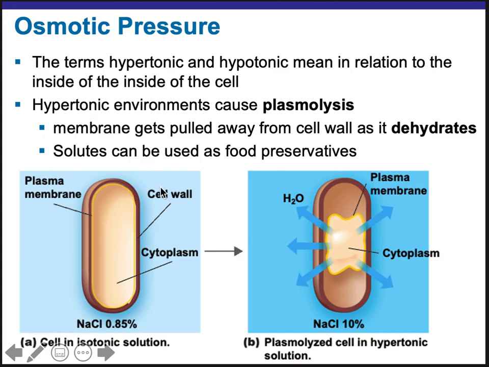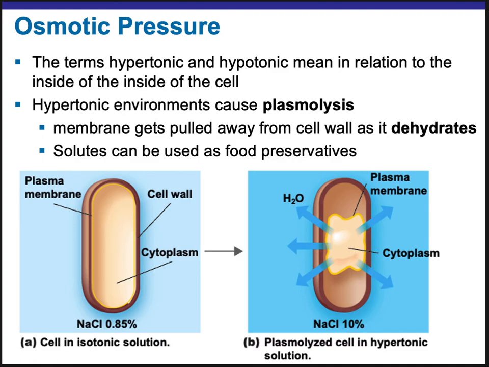You're telling me about the environment outside of the cell. So if you create a hypertonic environment, like making it very salty, you're going to cause the water to go, right, remember this is a membrane, and the salt cannot cross the membrane, so water has to.